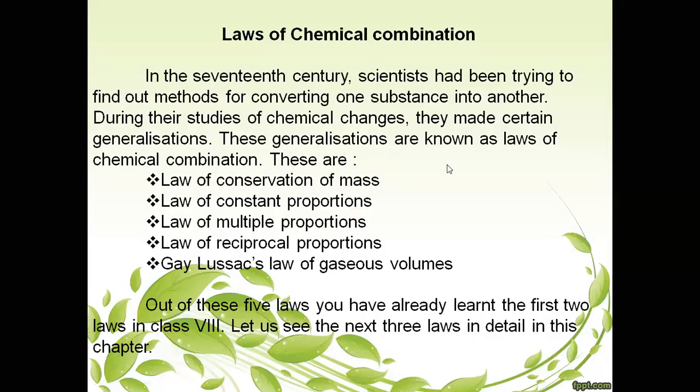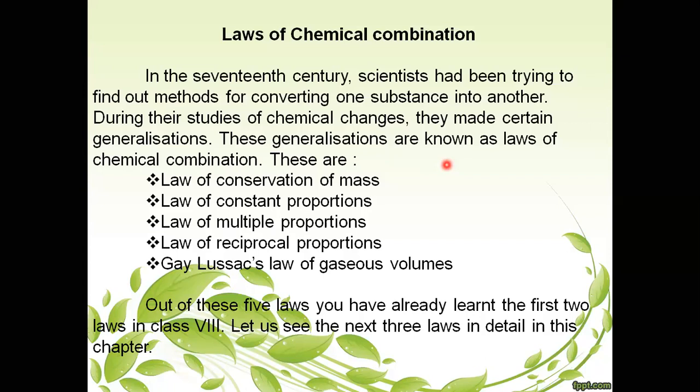Now let's see about law of chemical combinations. In the 17th century, scientists were eagerly trying to convert one substance to another substance. So they made certain laws of chemical combinations.